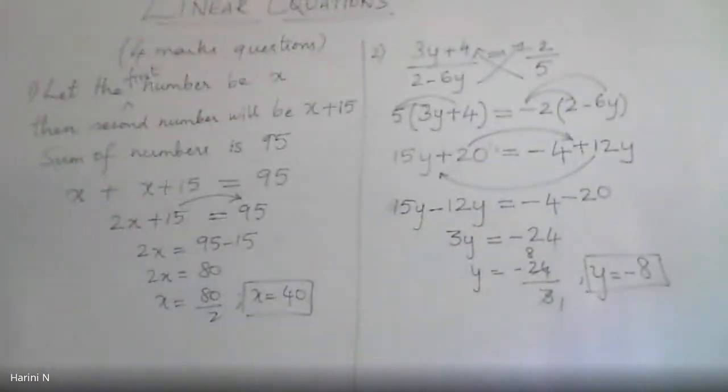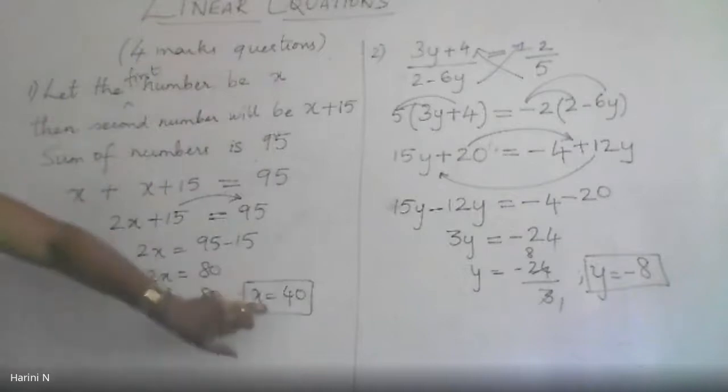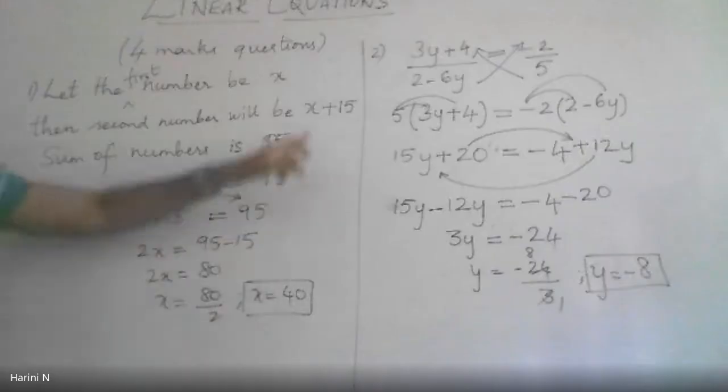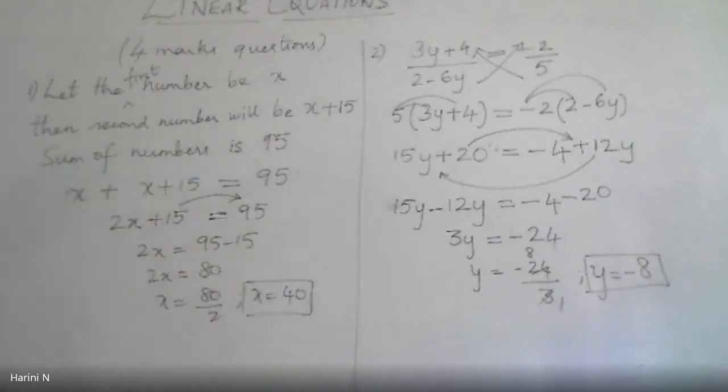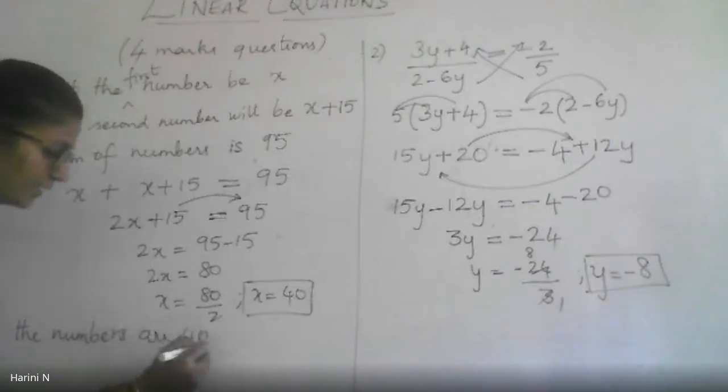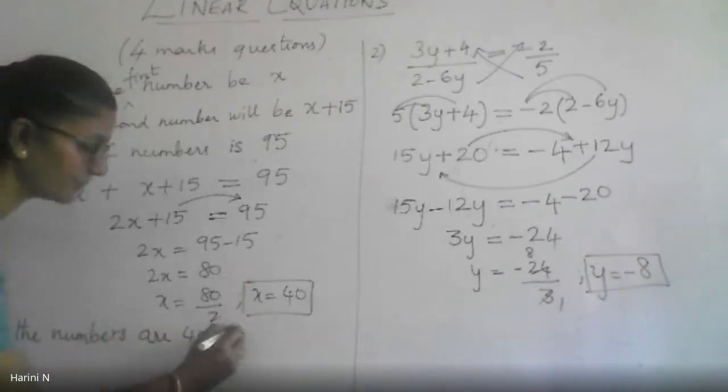Right? Should I stop here? What is my question? You have to find both the numbers. The first number is x, so it has become 40. How do you find the second number? Ma'am, x plus 15. Yes, you have to add 15 to this 40. So therefore, you will write the numbers are 40 and 40 plus 15 will become 55.